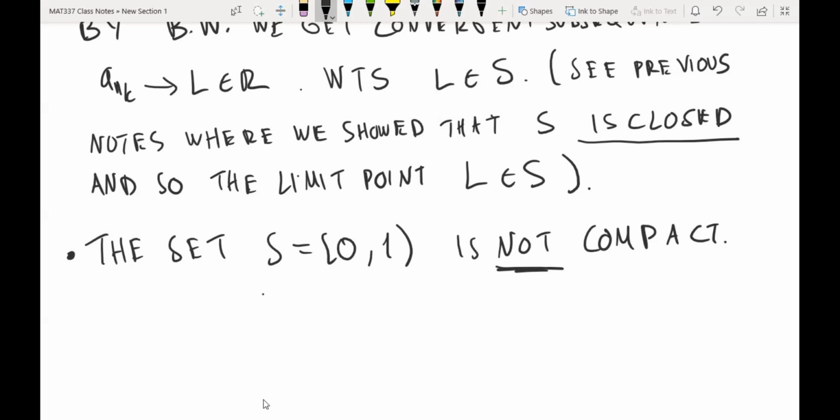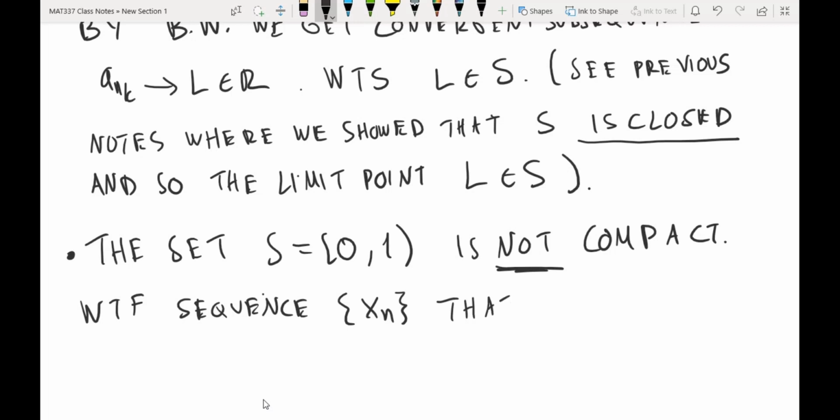Let's see why. So we want to find a sequence x_n that has no convergent subsequence.